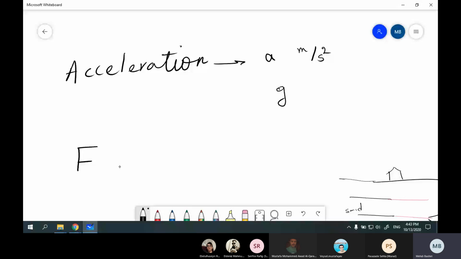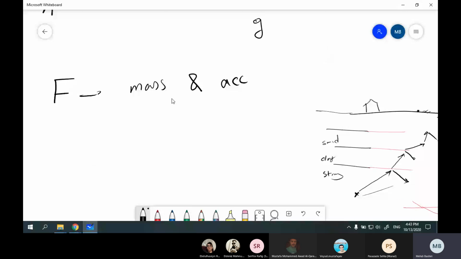The combination of mass and acceleration, from the second law of Newton, leads to force, F equals ma.